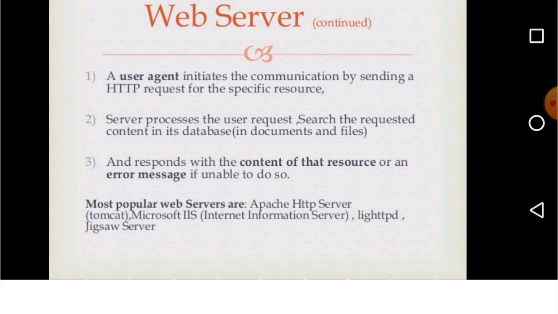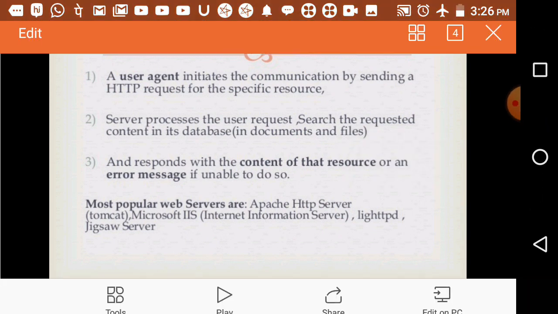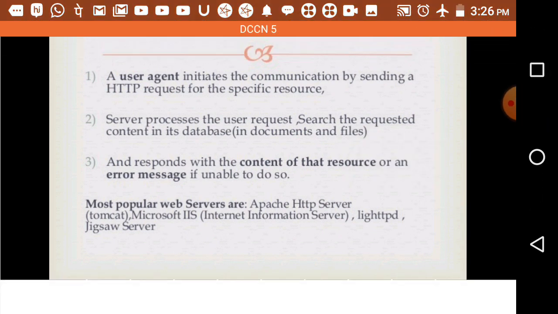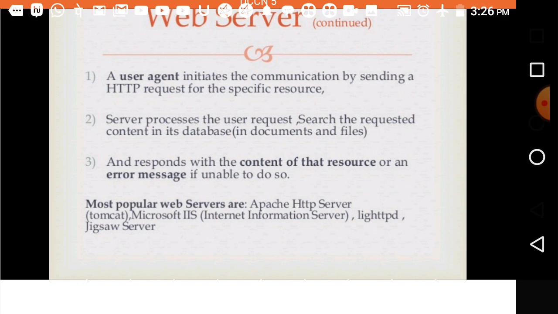The server processes the user request, searches the requested content in its database, and responds with the content of that resource or an error message if unable to do so.